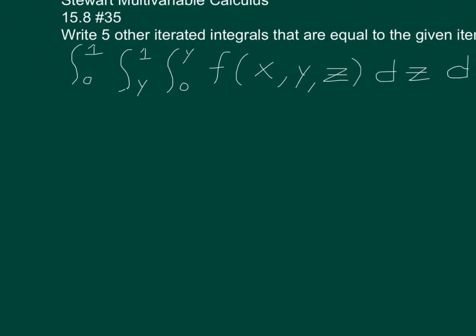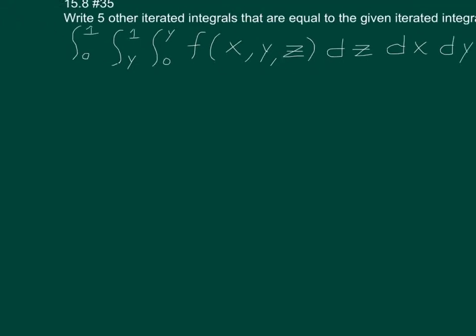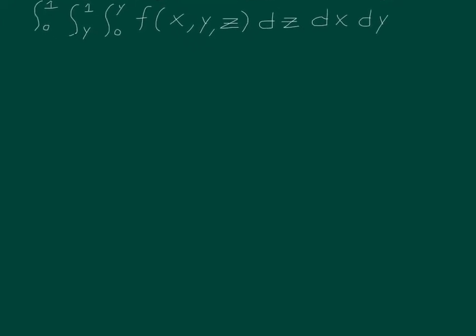So when you look at the integral, we see that this is a triple integral, and this is a function of 3 variables, x, y, and z. And so you have your 3 functions, and they all range dependent on the integral that it refers to. So your inner order of integration is the z variable, and that corresponds to your lower limit of 0 and your upper limit of y.